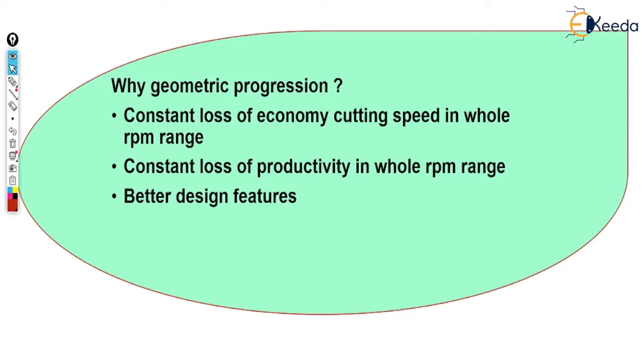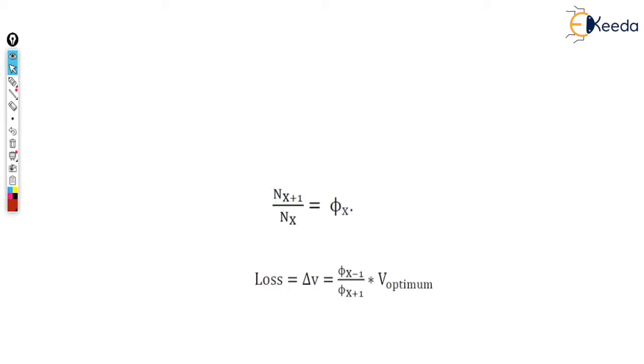While making the gears, there is a cutting speed at which the gear is cut during manufacturing, and there is a constant loss of it. We will see this in detail again. Second, there is a constant loss of productivity in the whole RPM range. And third, it gives better design features.